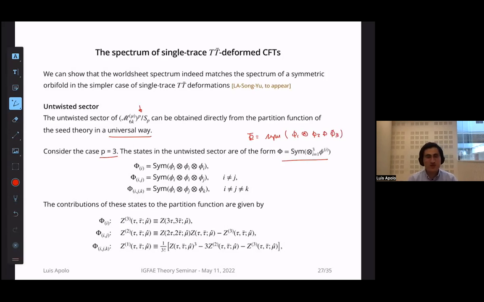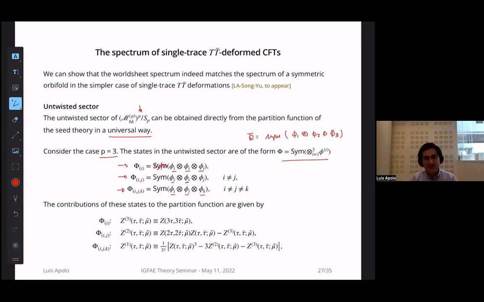But within this structure, there are different classes of states we can distinguish. There are states of this form where all of the states are the same in each copy. And in fact, in this case, we don't need to symmetrize because such states are already symmetric under the action of the symmetric group. We have states of this form where two of the states are the same, and we have states of this form where none of the states are the same.